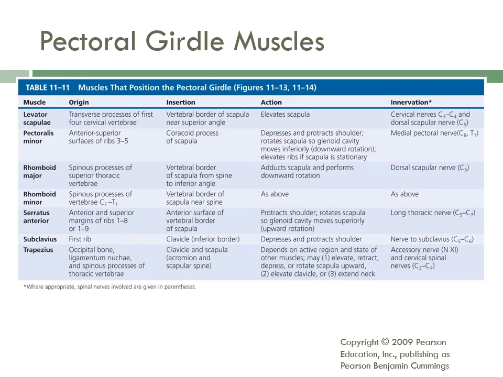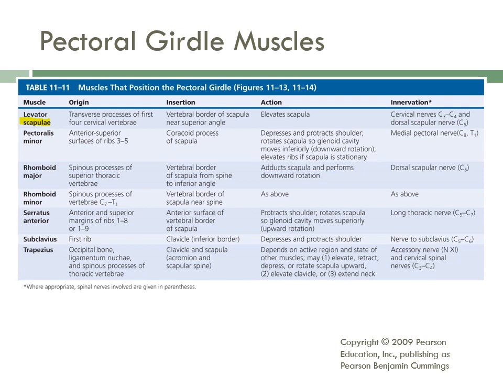So the levator we just talked about, I definitely want you to know that one. The pecs, we have pec major and pec minor. Those are on the anterior surface, and they are protracting your scapula or bringing your shoulder forward.